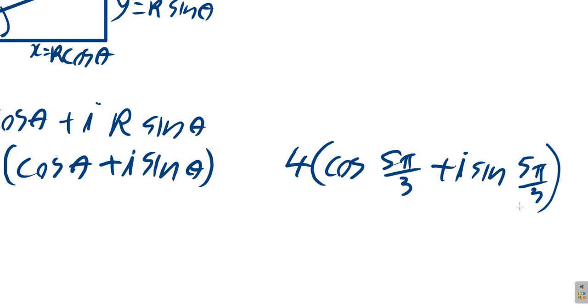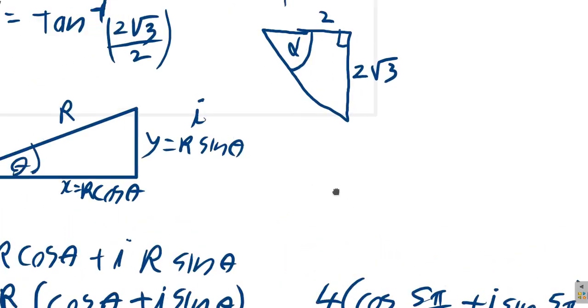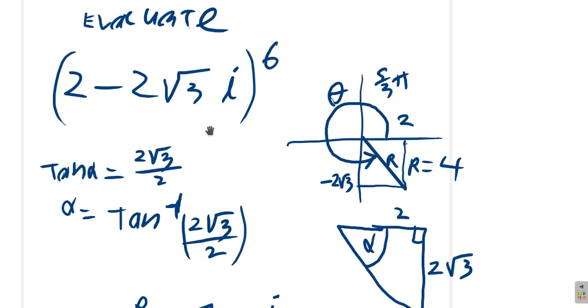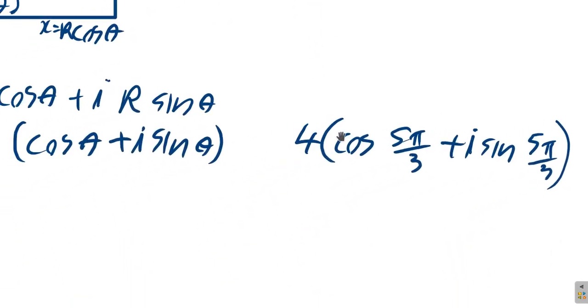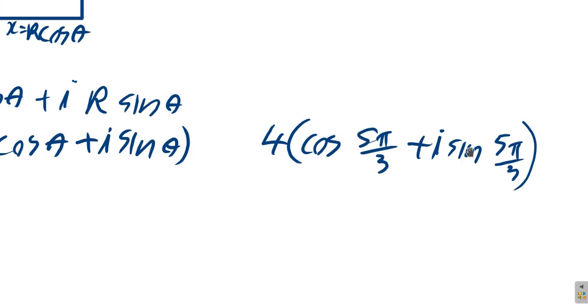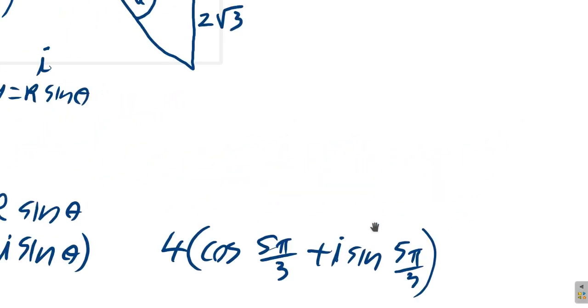We have our complex number in polar form now, from rectangular form to polar form. It was 2 minus 2 square root of 3i in rectangular form. It is 4 cos 5 pi over 3 plus 4i sine 5 pi over 3 in polar form.